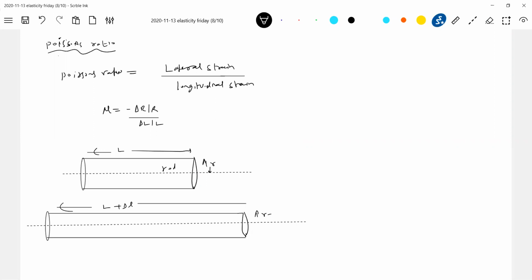R minus delta R. Are you seeing that the thickness of the rod decreased? This is quite natural. It should happen. I think this is what we notice practically. Am I right? If you take any substance, we see it like this.